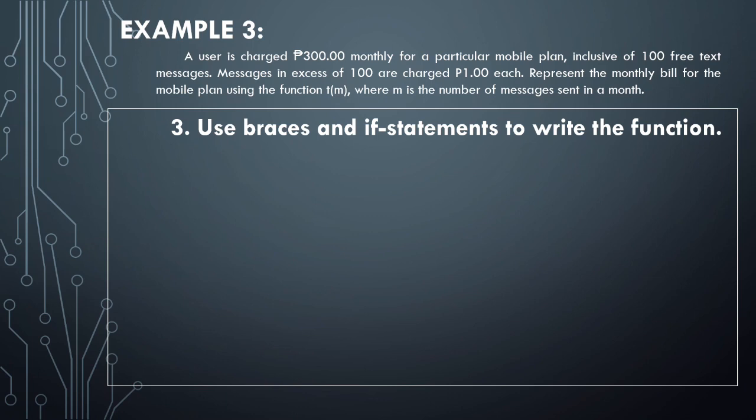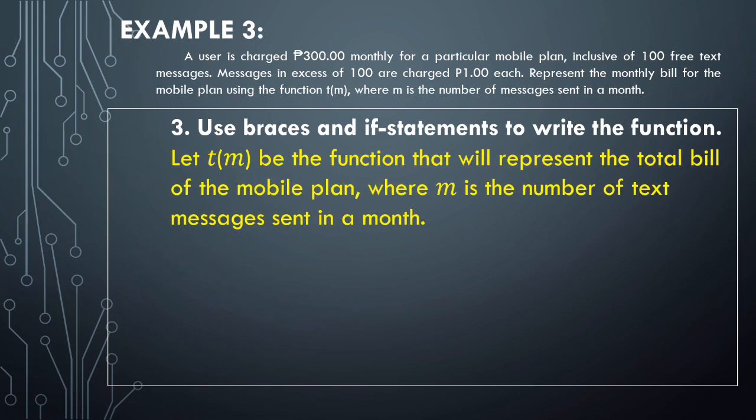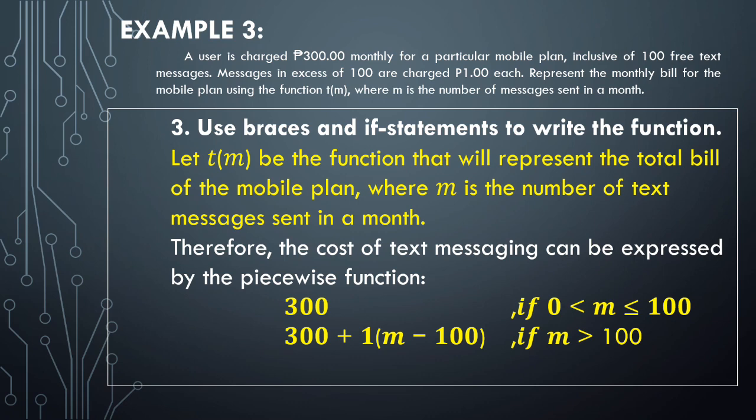Next, use braces and if statements to write the functions. Let T of m be the function that will represent the total bill of the mobile plan, where m is the number of text messages sent in a month. Therefore, the cost of text messaging can be expressed by the piecewise function.